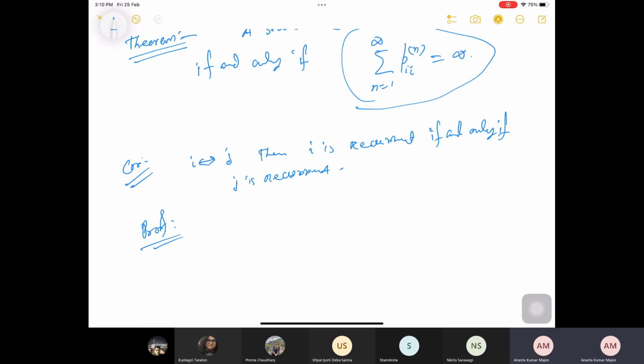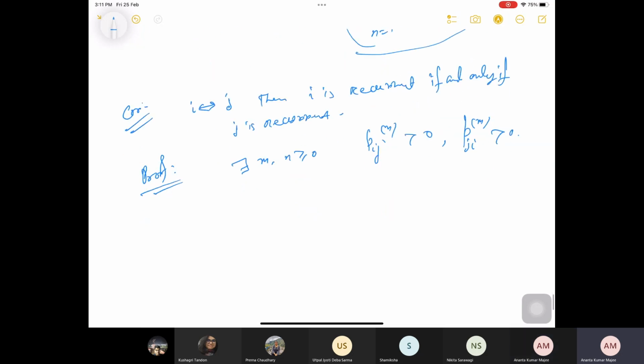See, I and J communicate with each other. That means there exist m, n positive such that Pij of n is positive and Pji of m is positive. Is it not? So now I am looking at the summation over k equal to 0 to infinity of Pjj of n plus m plus k.